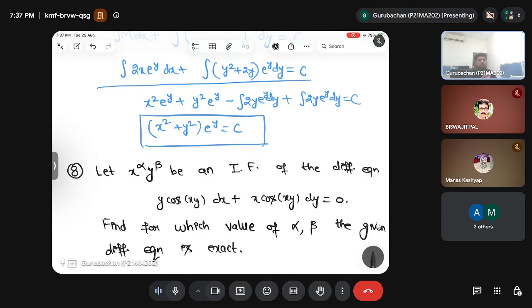It can be a constant value of alpha and beta, or it can be some case in which you get some relation between alpha and beta.